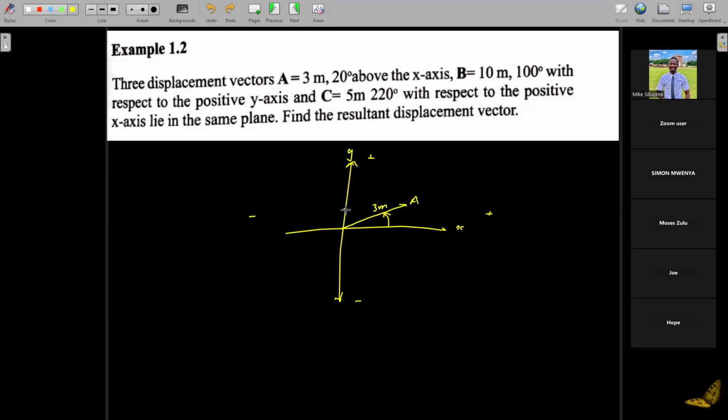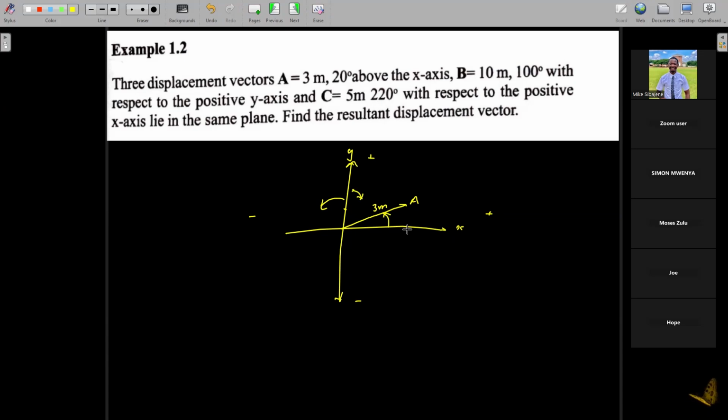When they say with respect, they are giving you the starting point. For example, if they say with respect to the negative y-axis, we are going to start from this down part, that is the negative y-axis. To the positive y-axis, you are going in that direction; negative, you are going in that direction.